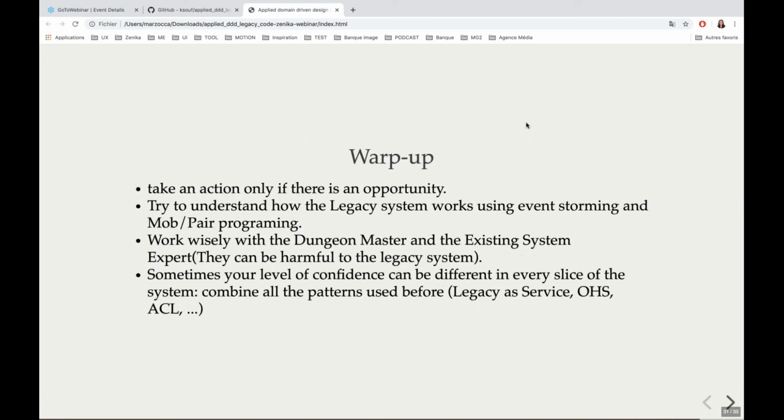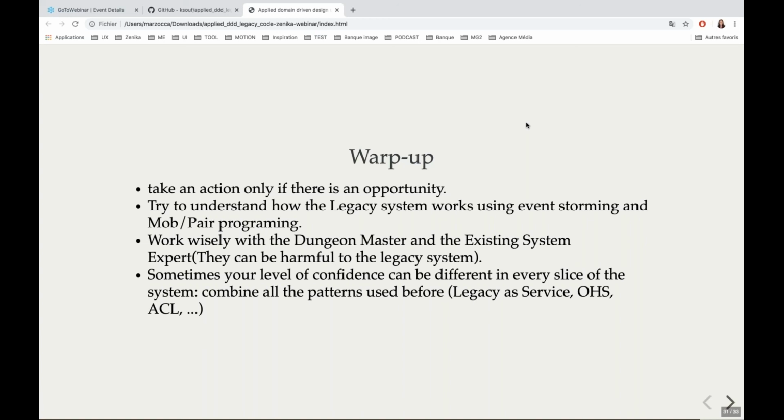So to wrap up, take an action only if there is an opportunity. What we call an opportunity is really a business opportunity. It needs to give value to the customer. Don't do it because it's nice to do it. Try to understand how the legacy works using a few techniques that we already saw, like mob programming, pair programming, and event storming.